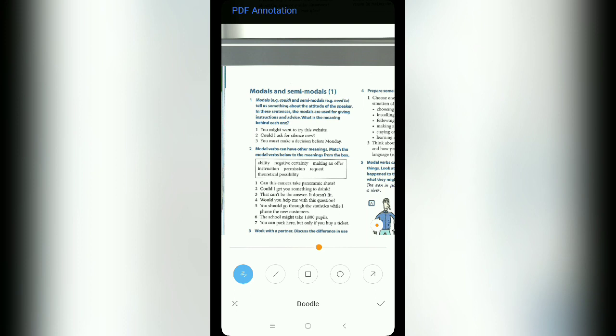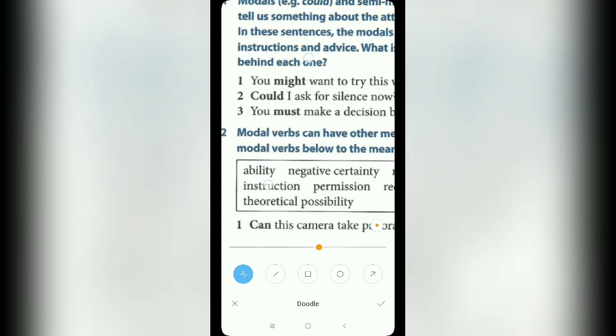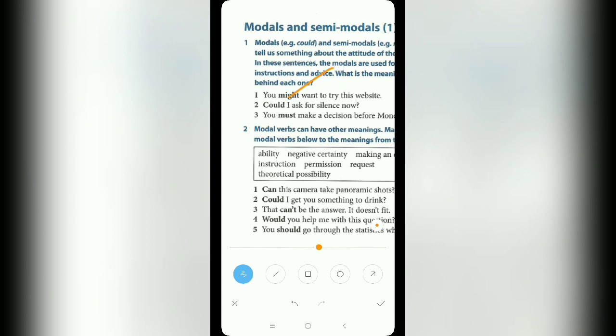I'll just give you a rough idea. Might is used when making a tentative suggestion. It means when you're giving a suggestion, the speaker doesn't want it to be too direct or too sensitive. That is the time when we use might. I hope you all have understood might.